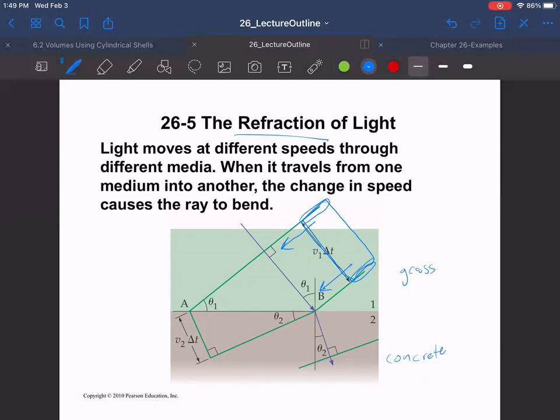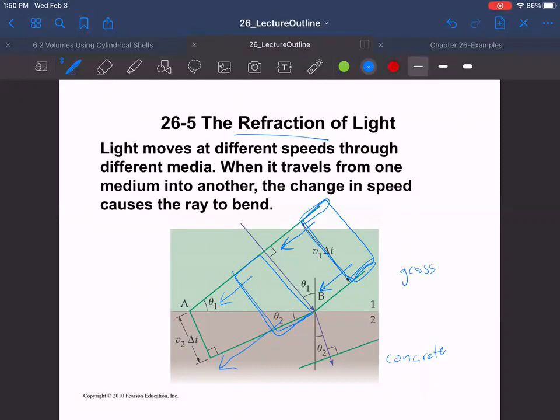And let's pretend that as soon as it hits over here, right, this is our barrel, the speed over here in the grass is still going to be the same. But now the part of the barrel that's on the concrete can do what? Roll faster. So its speed is going to be bigger.